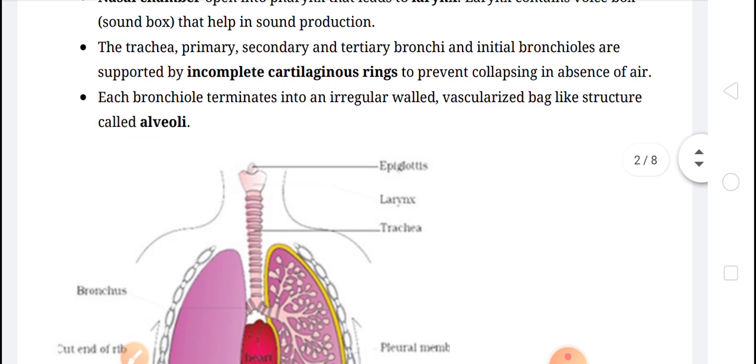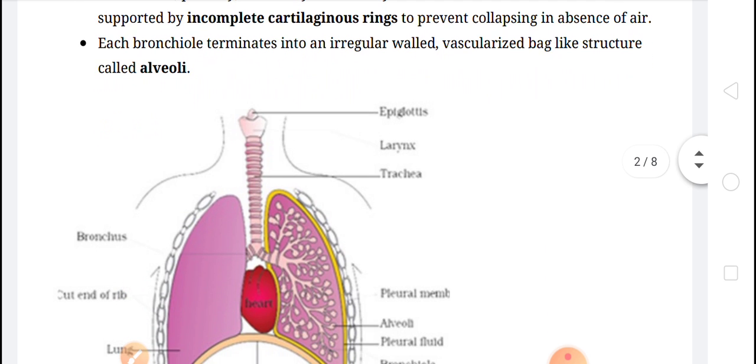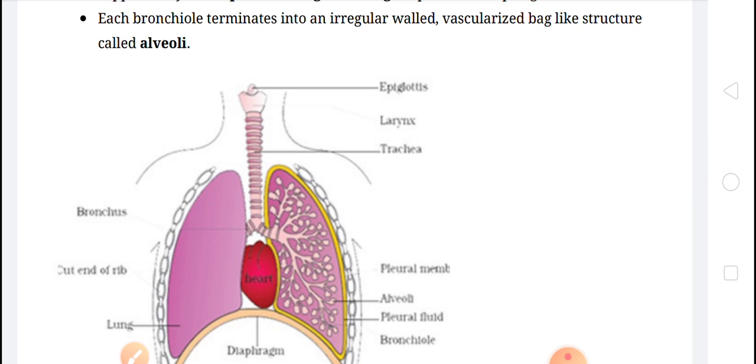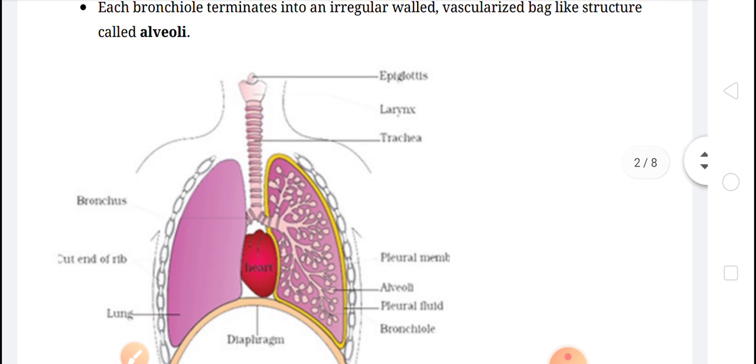I'm showing a diagram. First of all, children, the pair of external nostrils are found above the upper lips, and lead to the nasal chamber. After that, the nasal chamber leads to the nasal pharynx. Now the nasal pharynx opens into the larynx.